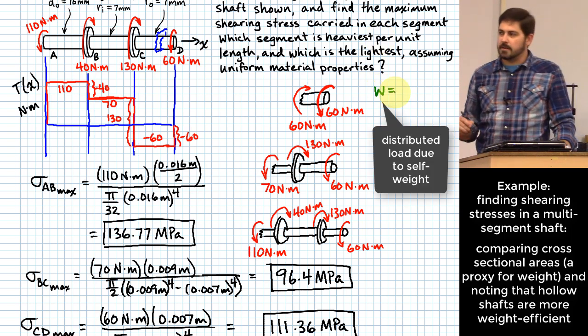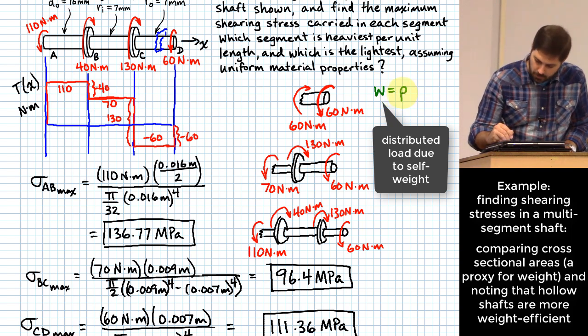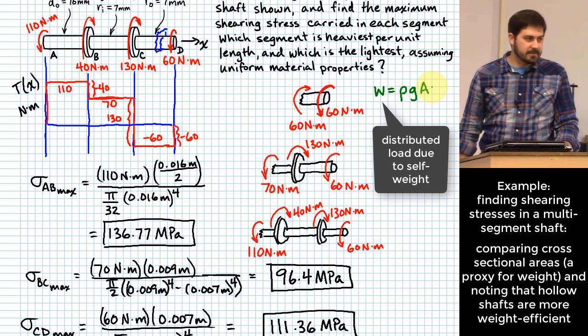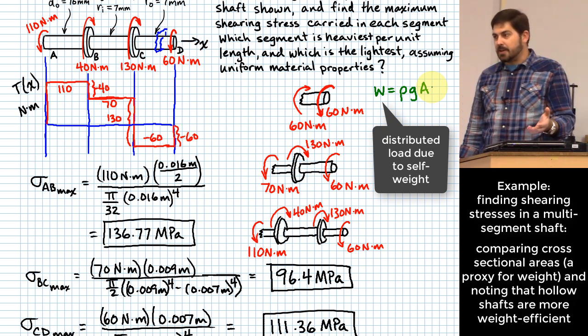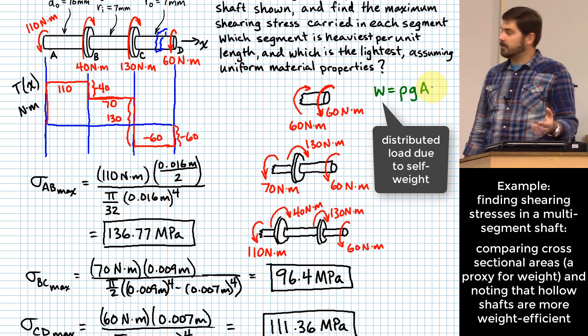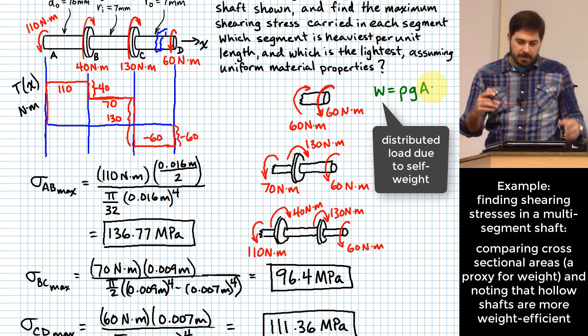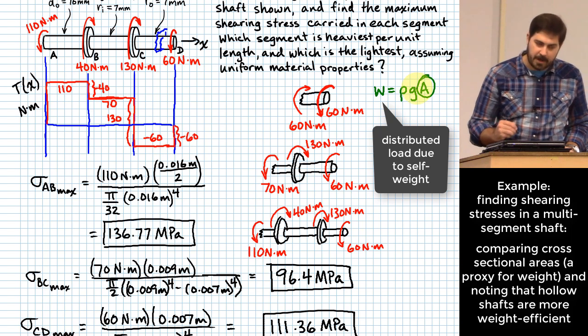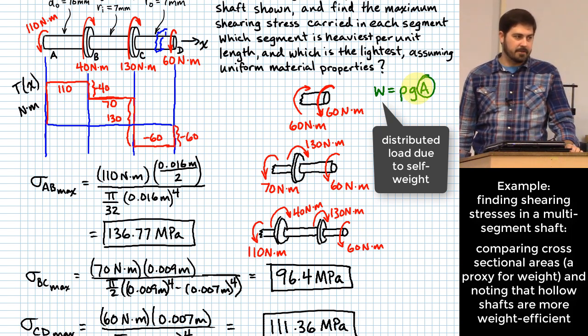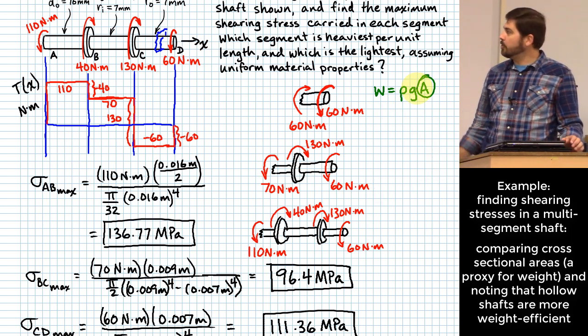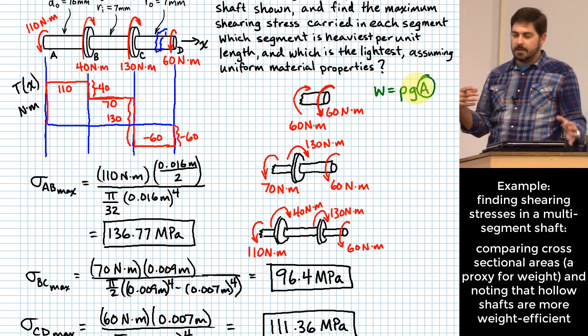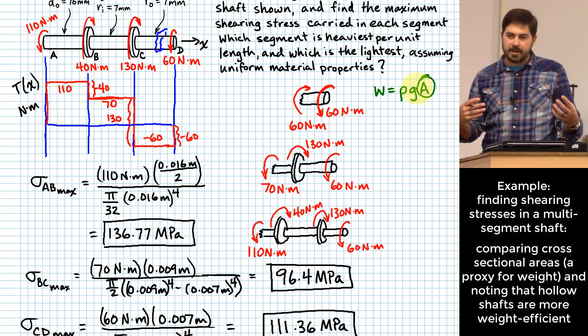What was our weight? Rho g A. Well, I didn't tell you what kind of material this is, but as long as it's the same material all the way through, the only value that's going to vary is the cross-sectional area.